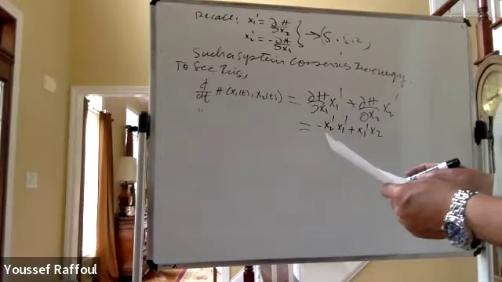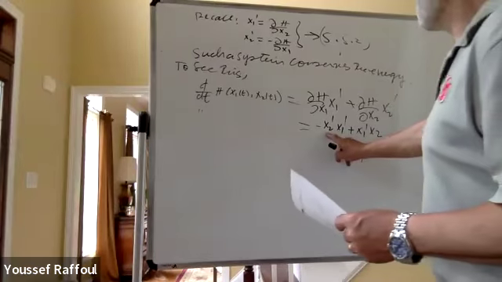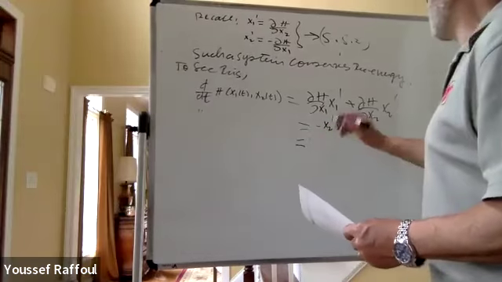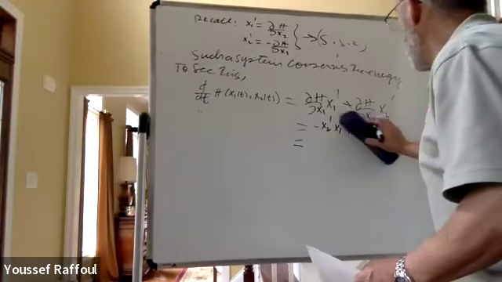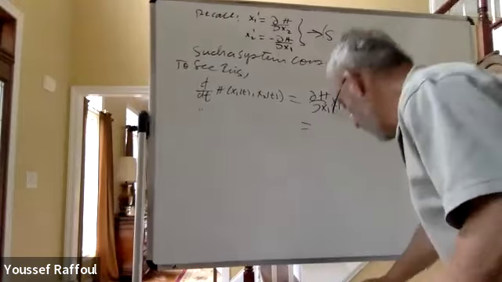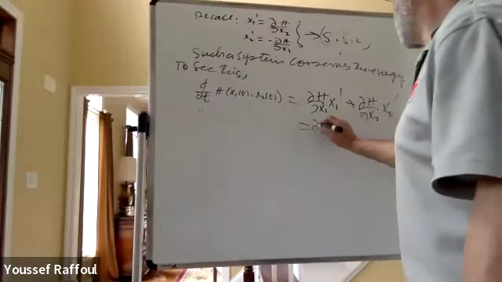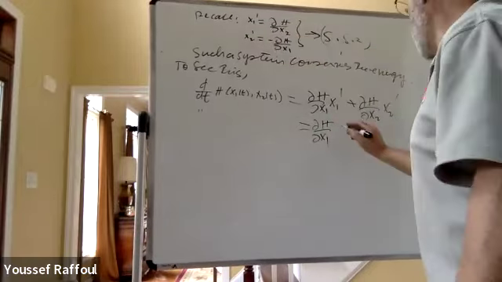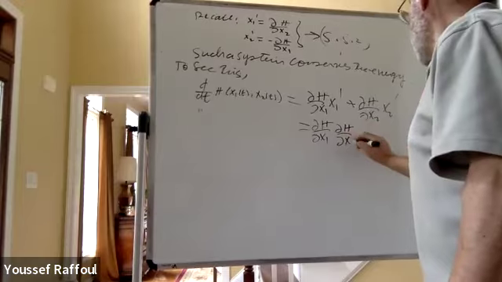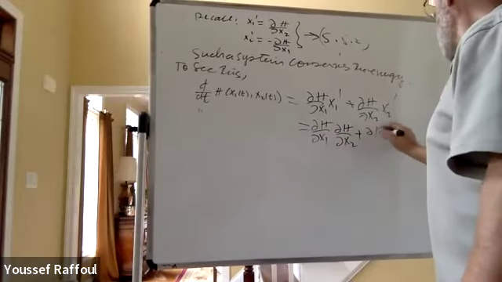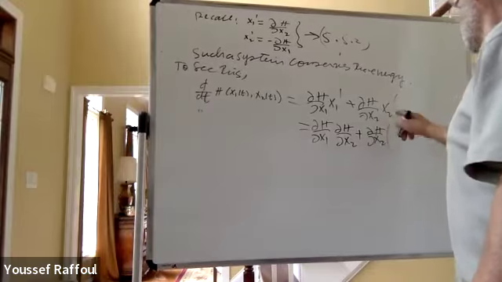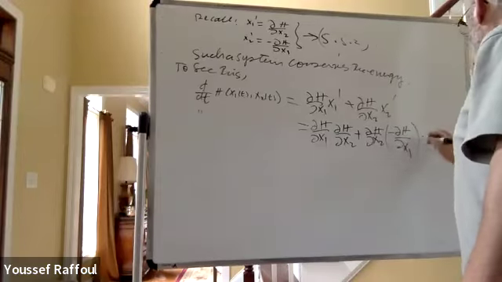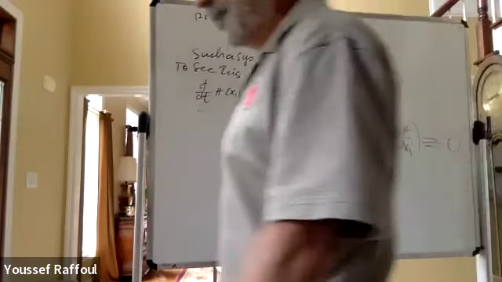And what is x1 prime? Okay, so no, I really didn't want to do that. So let's save ourselves one line. This is del H over del x1 times x1 prime, which is del H over del x2, plus del H over del x2 times x2 prime, minus del H over del x1, and that is a fat zero.